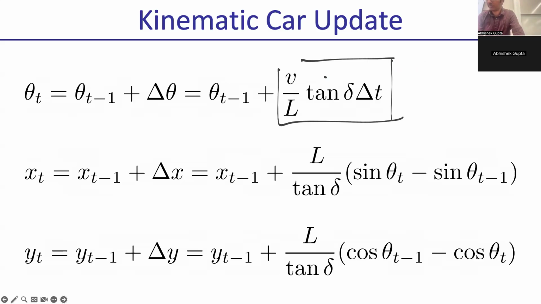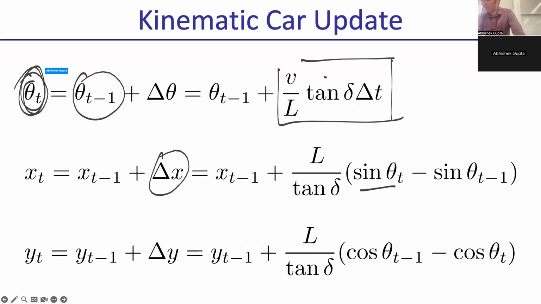Delta theta gives me a way to go from theta t minus 1 to theta t, right? First step. Now that I know theta t, I can compute delta x. So delta x, as we saw earlier, was L over tangent delta times sine theta prime minus sine theta. We computed theta prime. We knew theta from before, right? So you can compute delta x.